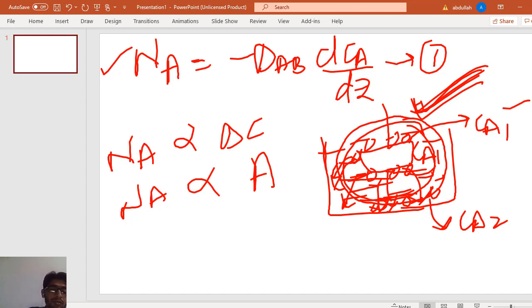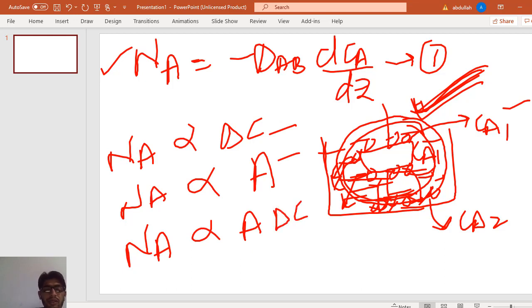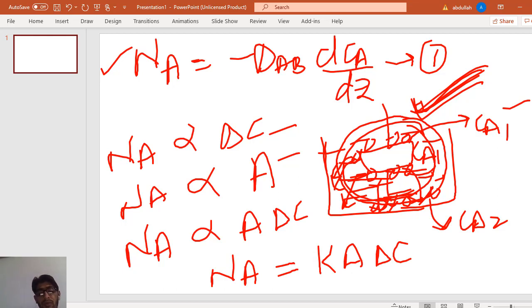So we can write these two relations into one relation, and we can also write that NA is equal to constant, area, delta C. So this is the relation for the convective mass transfer flux.